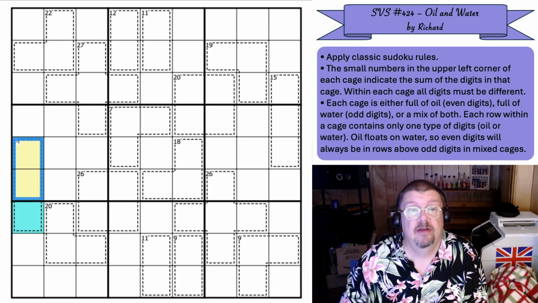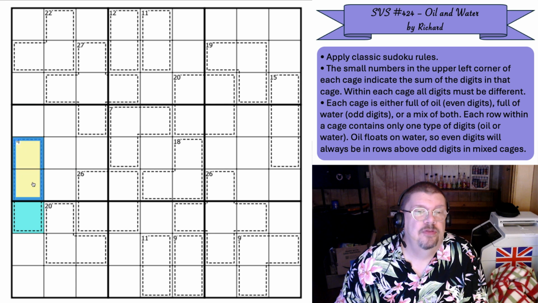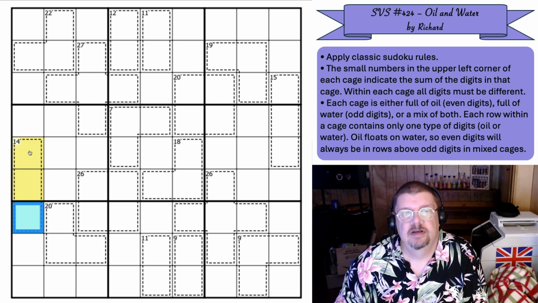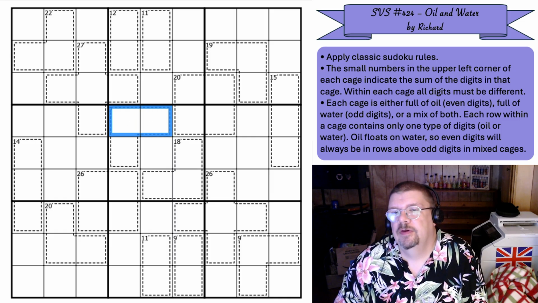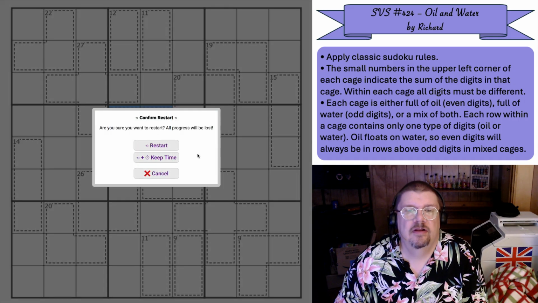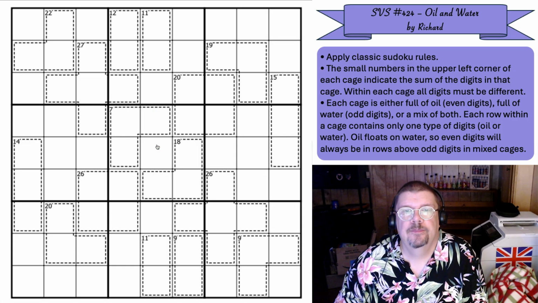Actually, I think I prefer yellow. So these two would be even digits. This would be an odd digit. Obviously, that doesn't actually work for that particular cage. And if I've got digits that are in the same row within the cage, they have to be the same type. Okay, I am going to restart the puzzle to reset the timer, and let's begin.